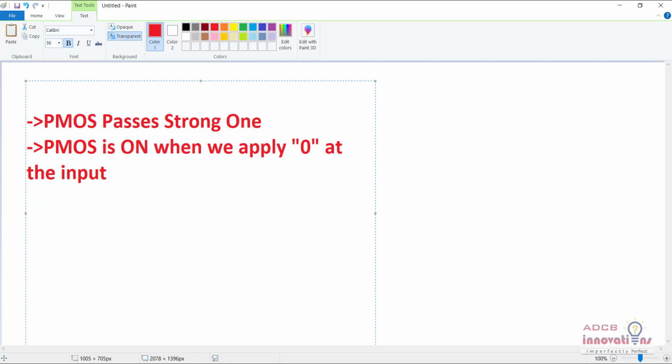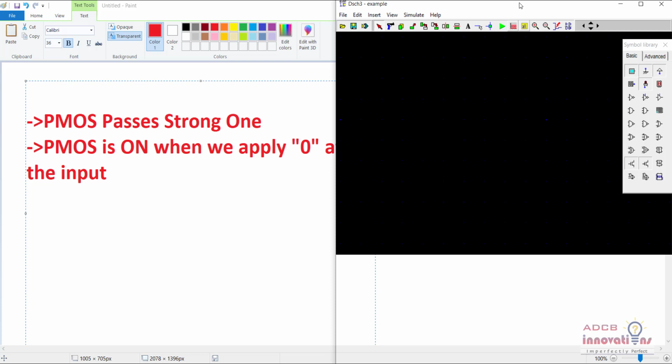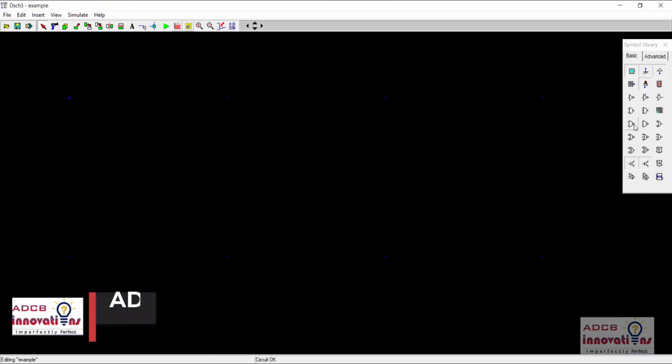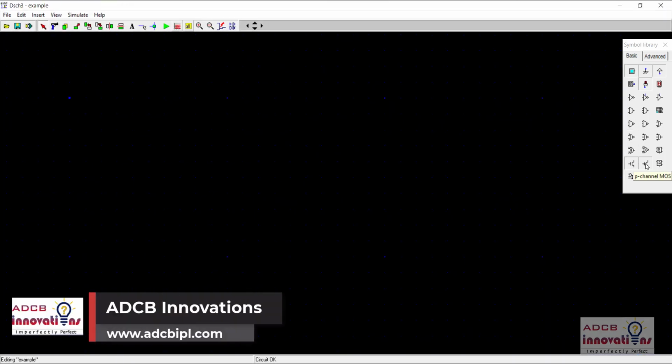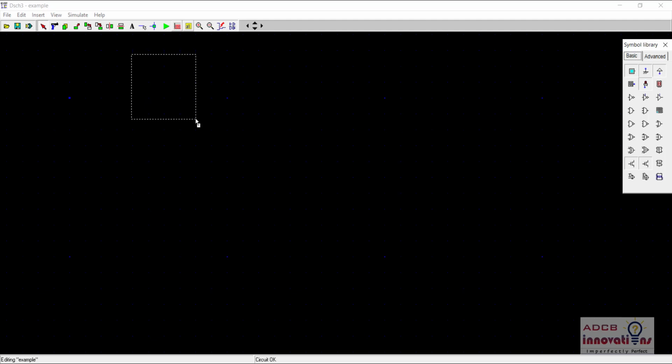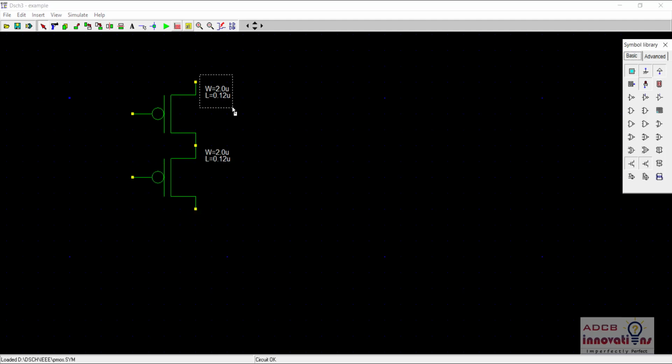So now let us move towards the schematic and make it. Here we are going to have two PMOS, one is this, and we are going to have one more PMOS. We are going to connect this VDD and this ground here, and we will be connecting the inputs, that is input A and input B. And for the output, as always, we will be connecting the LED.